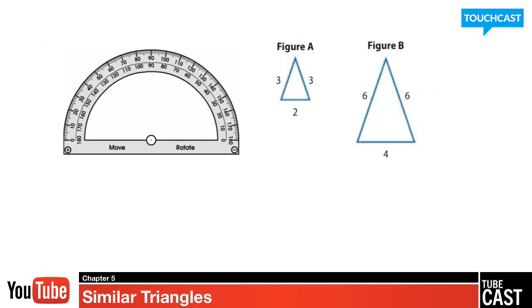Now we can compare sides here, but I want to review how to use a protractor. The first step is to make sure that the center of our protractor matches our vertex. The vertex is the corner of the figure, where two sides meet.